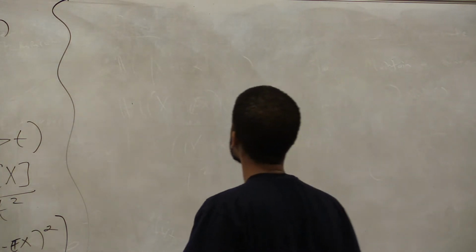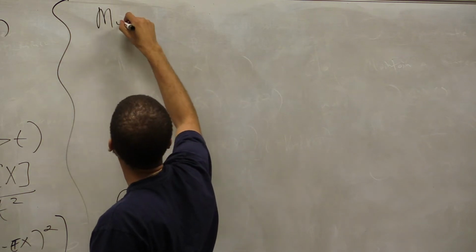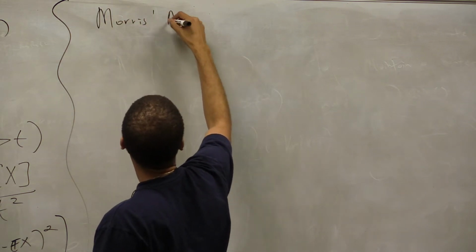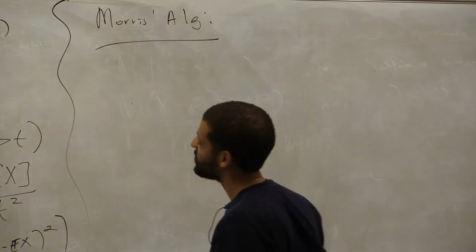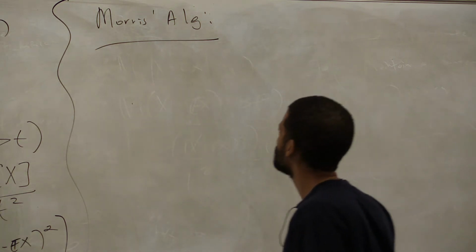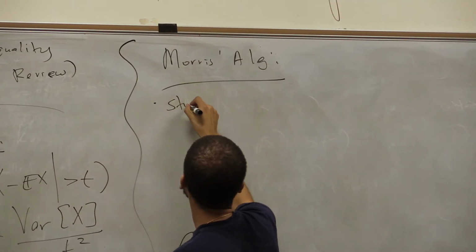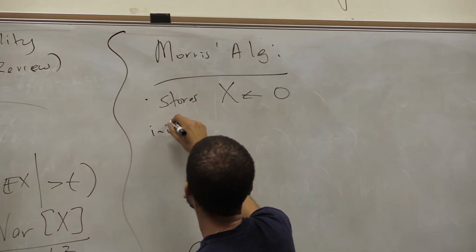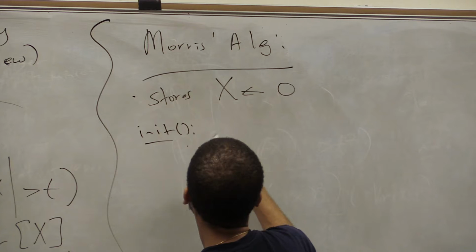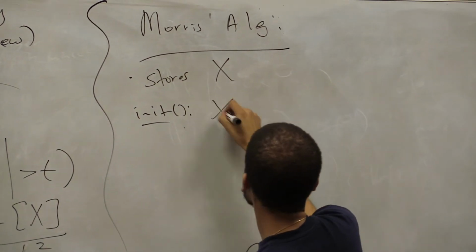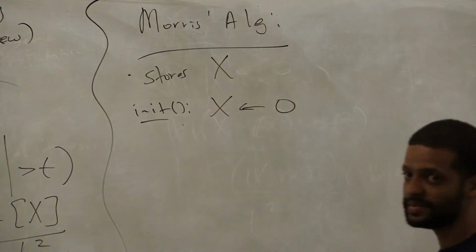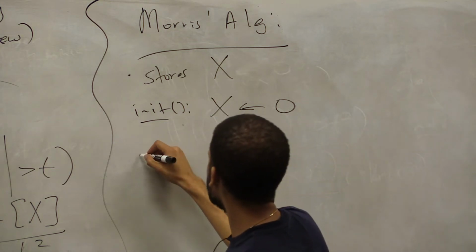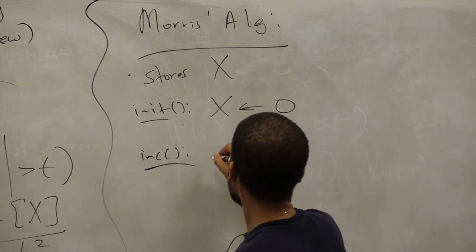So I'm going to show you an algorithm which is Morris's algorithm, which stores a single number. It stores a number x, which is initially 0. When I do init, I set x to be 0. When I do increment, I do the following.